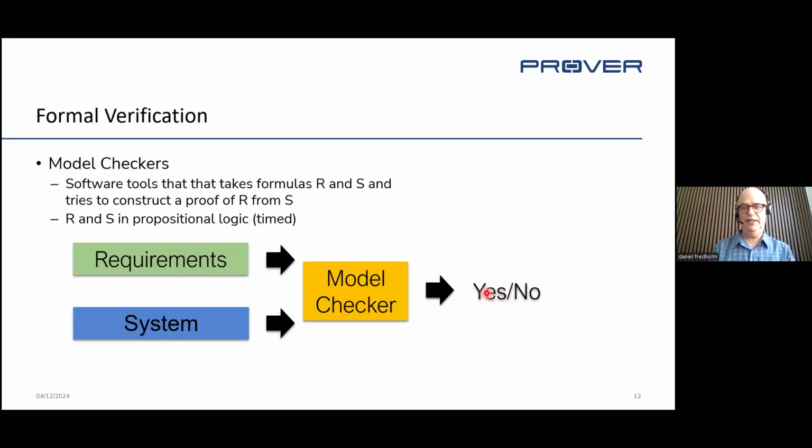Either you get a yes, meaning that there is a proof that the requirement is fulfilled by the system, or it will tell you no. And in the case of a no, you will also get a counterexample, which is a concrete structure, or an assignment of values to the variables involved, for the given time steps, which leads you to a state of the system where the requirements are not satisfied.